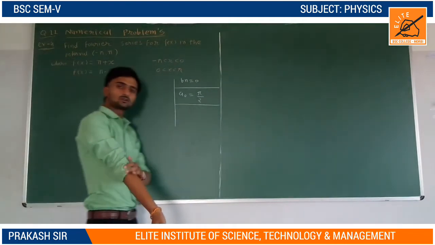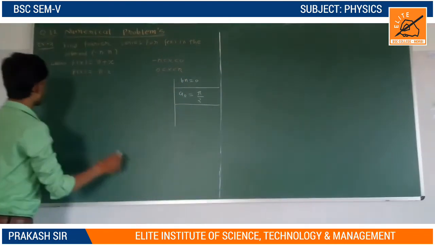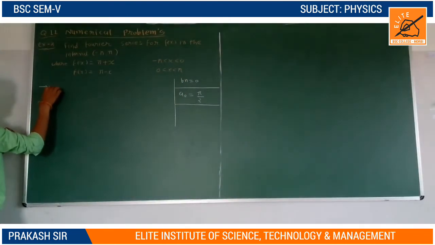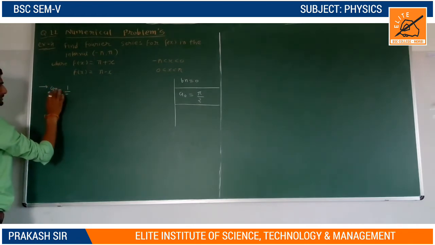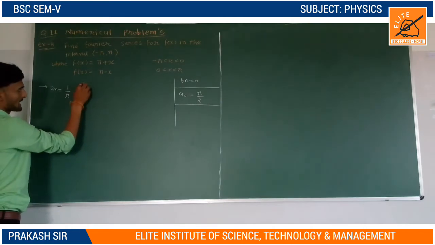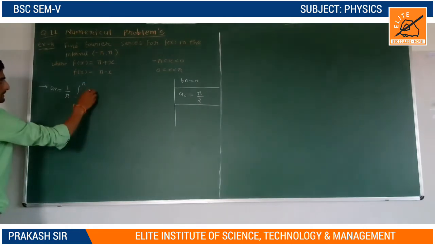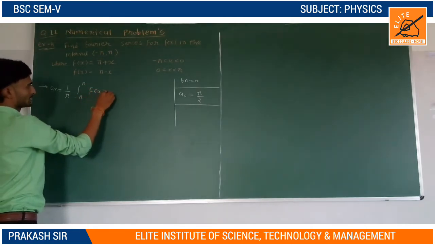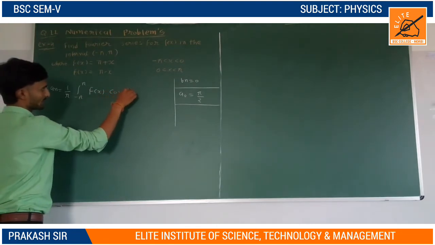Now calculate an. So an is equal to 1 upon pi, integral from minus pi to pi of f of x into cos nx dx.